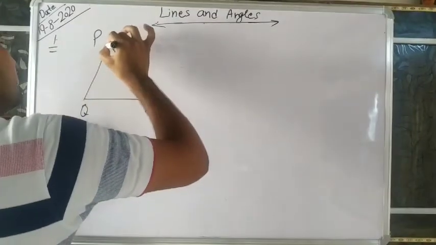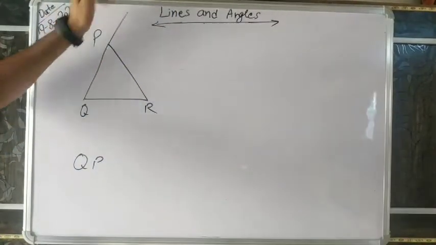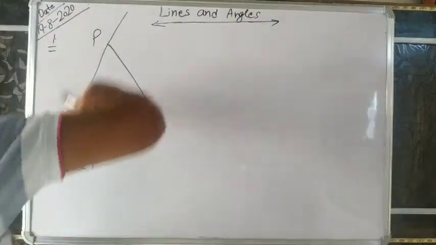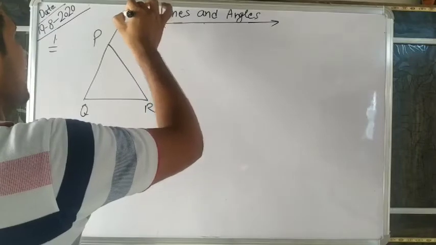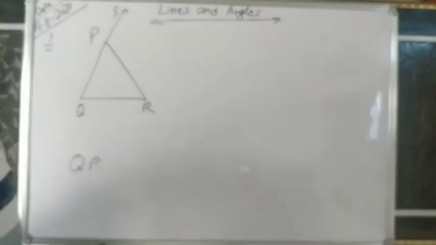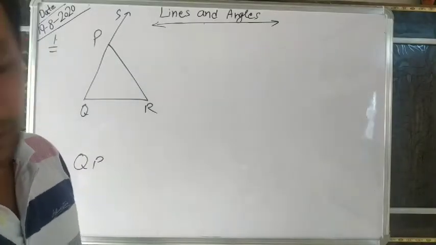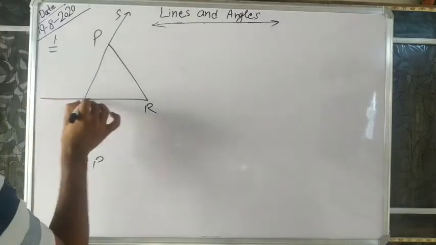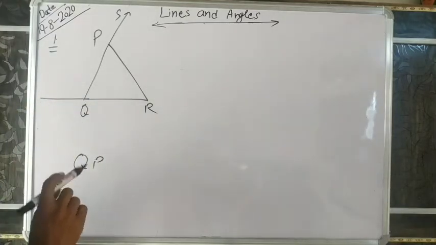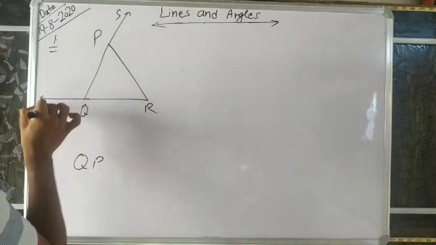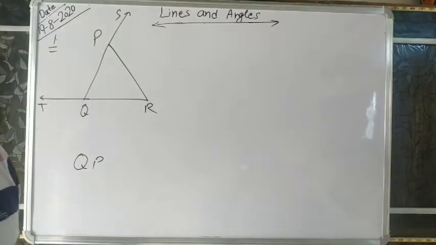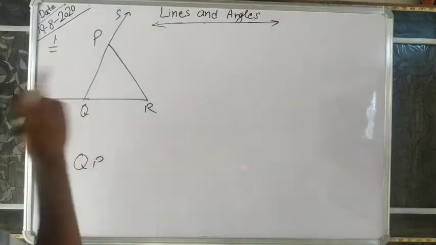Don't extend PQ downside, because QP is extended to S, and RQ is extended to point T. Next, it is given, respectively, SPR.